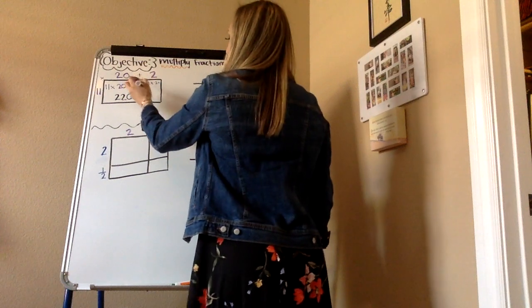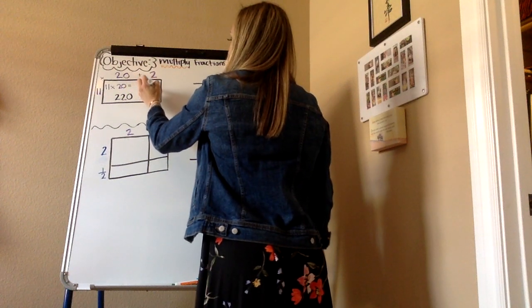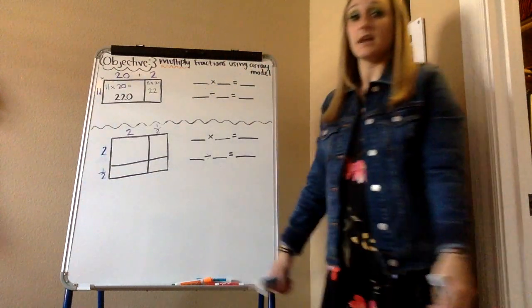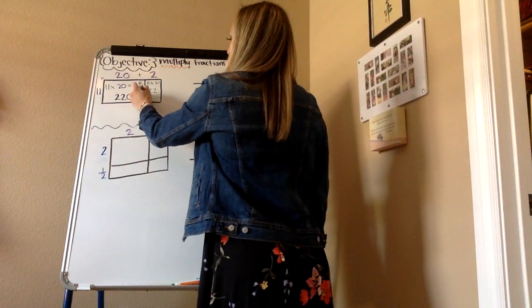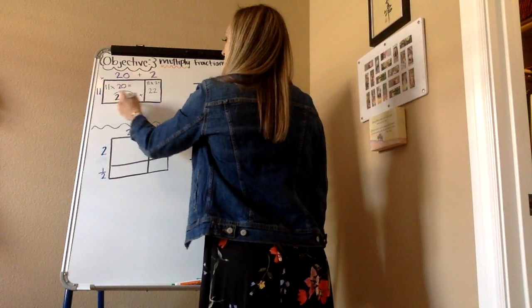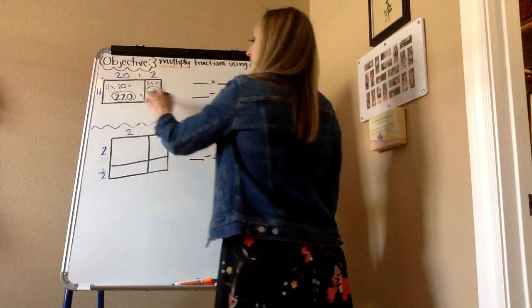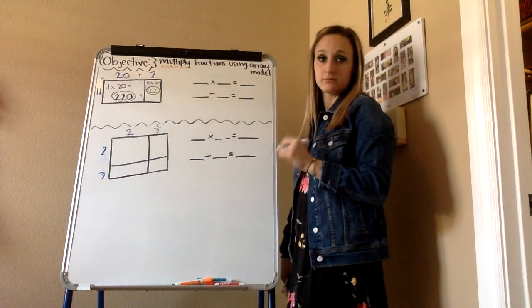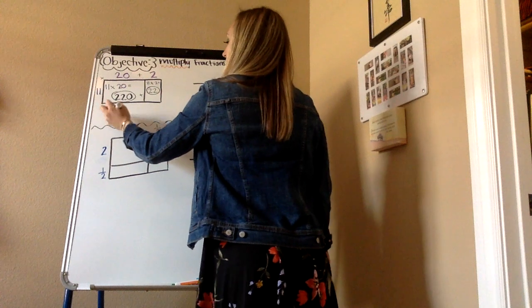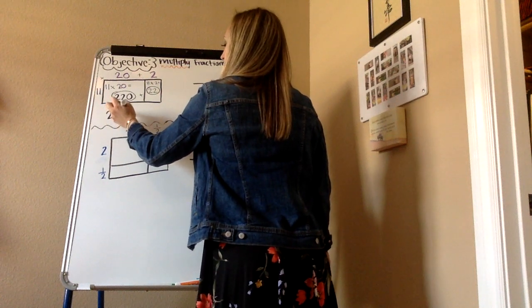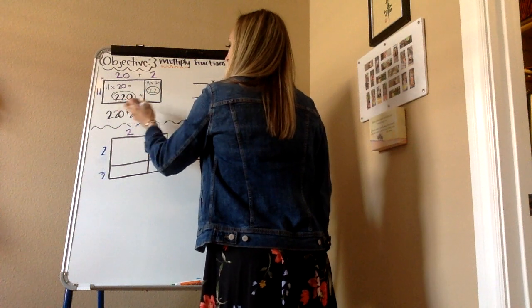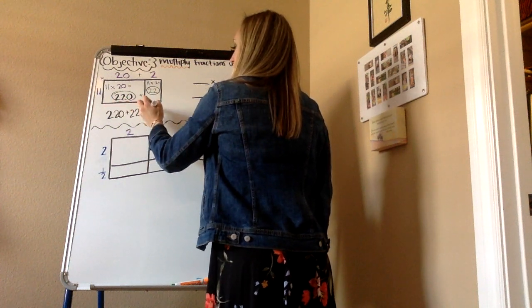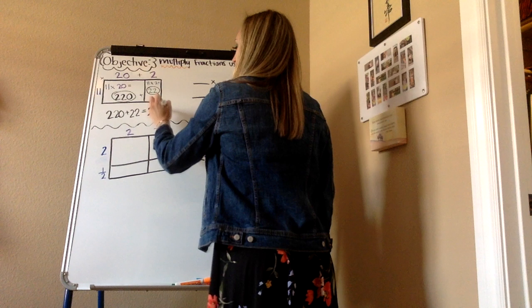So we've got 22. Now, I am not done yet. My last step is to add the answers to these together. Okay, so 220 plus 22 to give you 242.